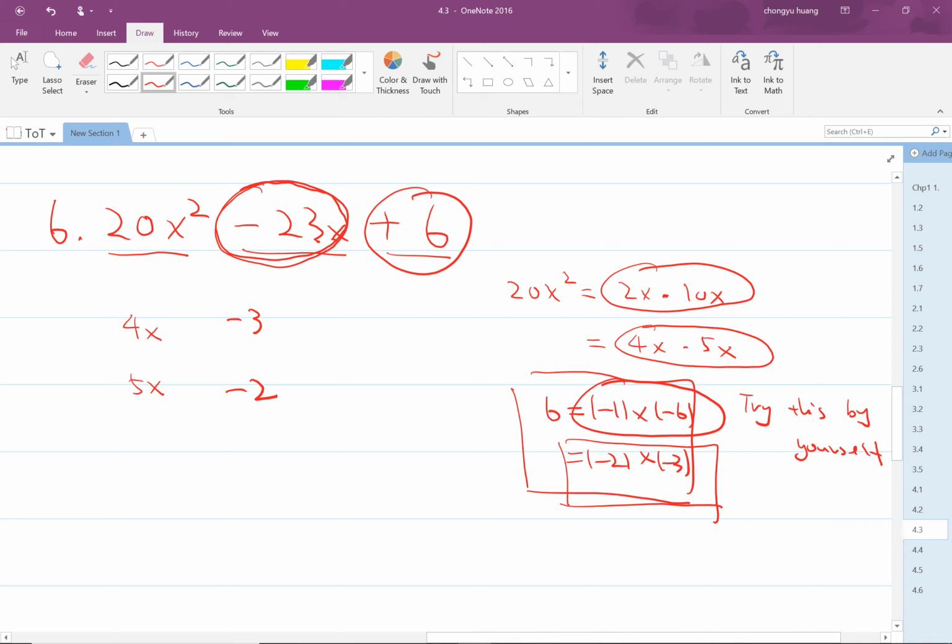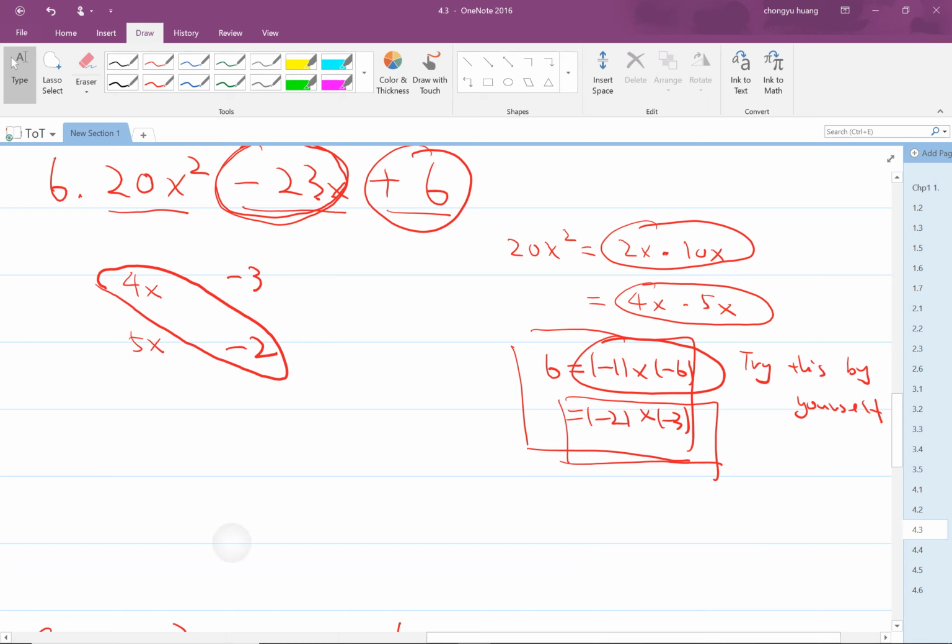So let me actually show you the cross operation. As we did before, we have 4x multiplied by negative 2, and then a plus 5x multiplied by negative 3.